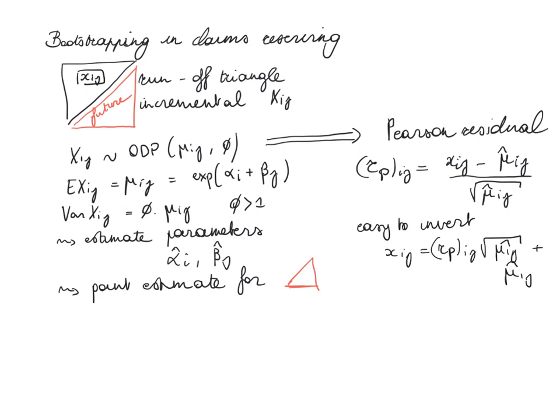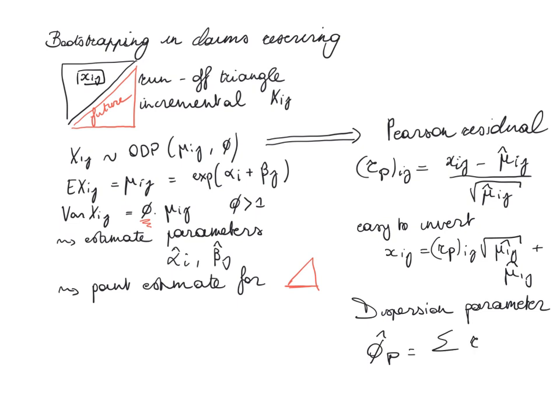Now, if you look at this Poisson model, there's one additional parameter that we didn't discuss extensively, and that's this dispersion parameter, phi. If we look into the literature on generalized linear models, we'll see that one way to estimate this phi is with the Pearson chi-square statistic.